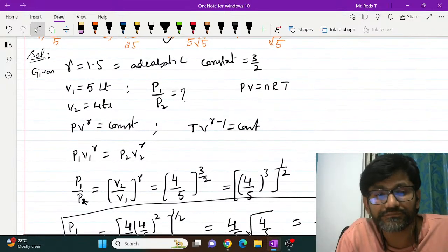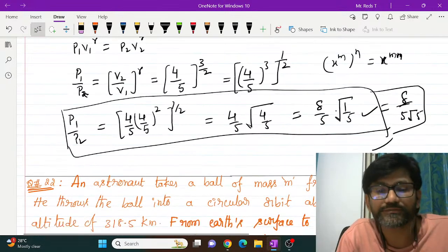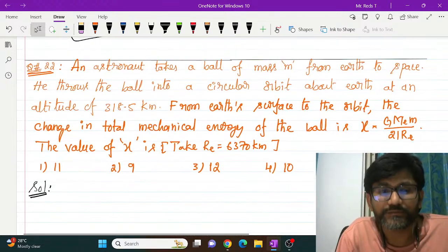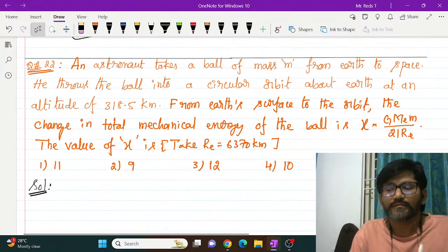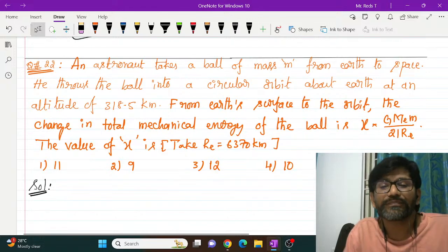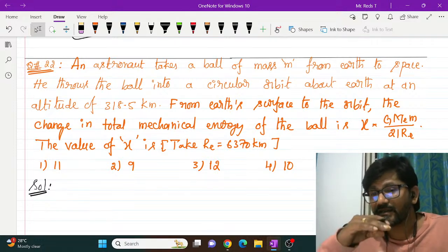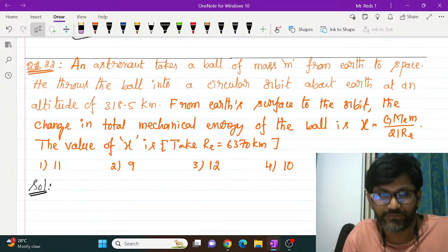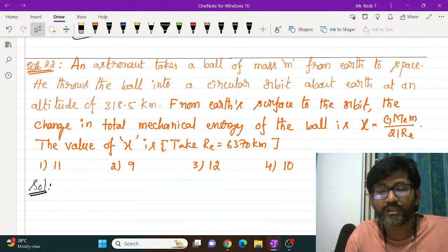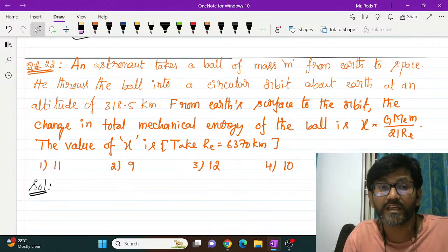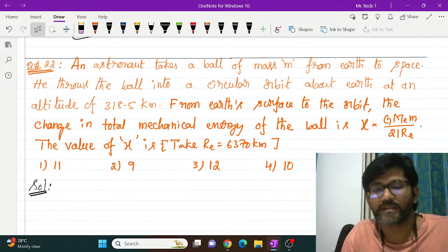Next, let us get into the next question. An astronaut takes a ball of mass small m from Earth to space. He throws the ball into circular orbit about Earth at an altitude of 318.5 km.